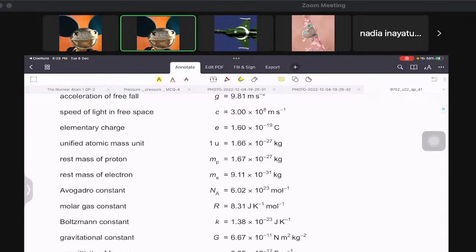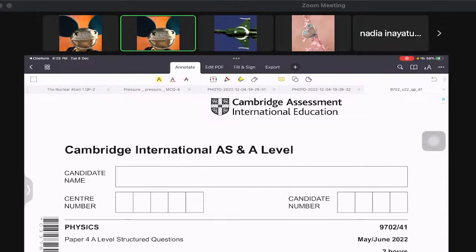Now this paper is from May and June 2022. Okay, I don't know if there is a question about it or not, but anyway, we can still try.